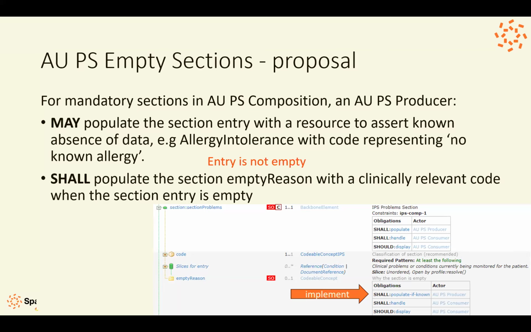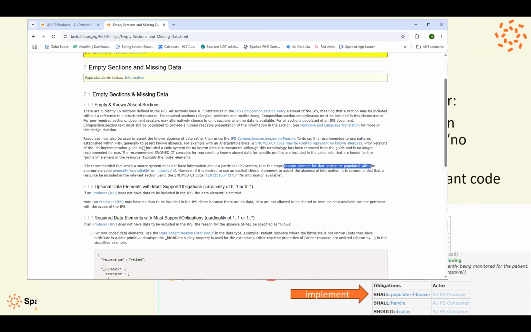I'm in agreement. Just a quick question around the preferred binding for empty reason for allergy intolerance. Is that a different set, the no known allergy versus, I'm just wondering about the terminology for this and handling. Oh, like in the circumstance where you've actually got something recorded where you know there are no known allergies for the patient, it's the same code as in AU Core.